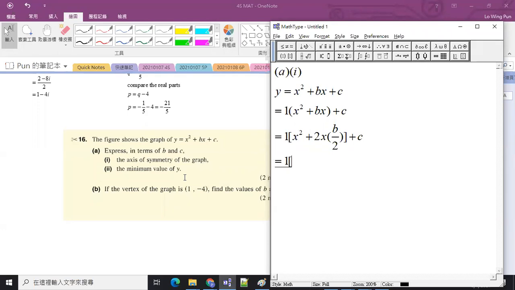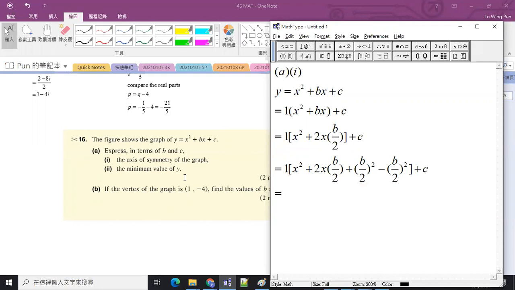And for next step, I will add the y squared to this term. 2x b over 2 2xy plus y squared. And then we need to take away the same number immediately. Okay, and then plus c.